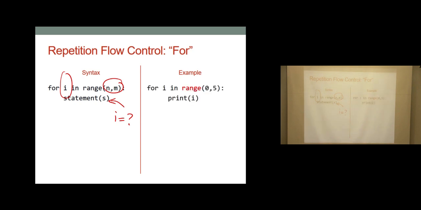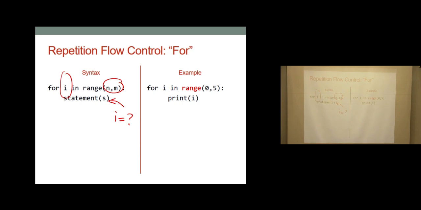So let's say i is in the range 0 to 5, and inside I just do a simple thing, print i, right? What will be the numbers? The first number is 0, 1, 2, 3, and then do I print 4? I do.